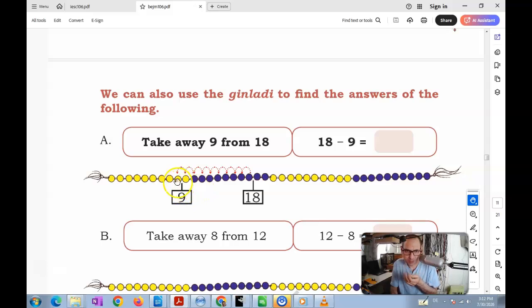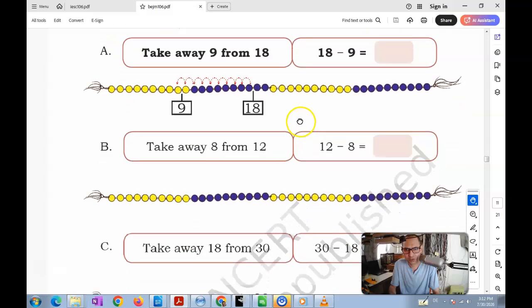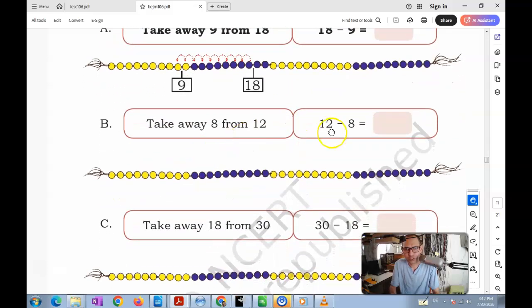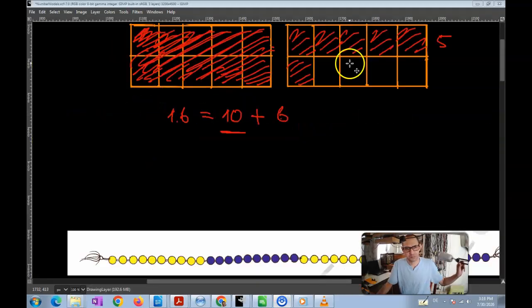So all of the beads to the left hand side of the marker are the beads that are remaining for me. So then I can basically say that this is 1 2 3 4 5 6 7 8 and 9, and that's essentially this calculation. 18 minus 9 is equal to 9.